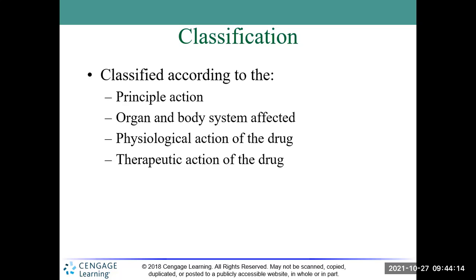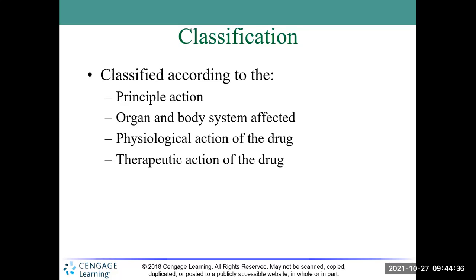If it's an organ and body system affected, so if it's a cardiac drug or a hormone medication, you know, the things that we're looking at, what system they are affecting is going to help classify them. And then the physiological action of the drug.